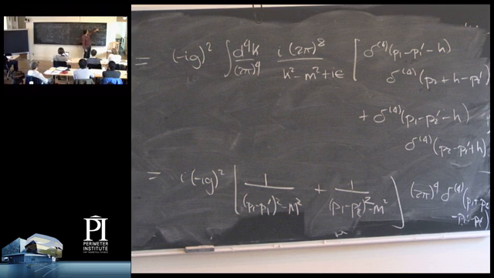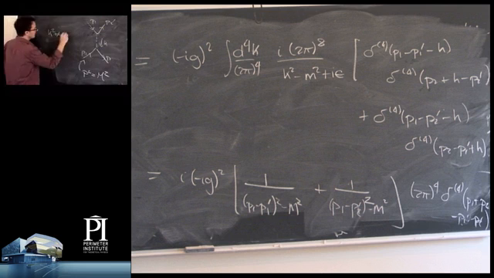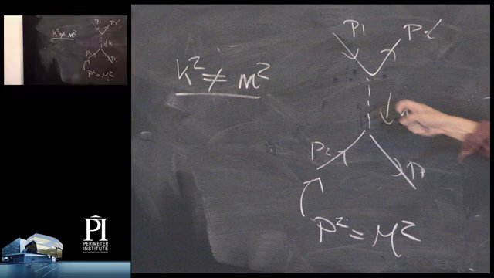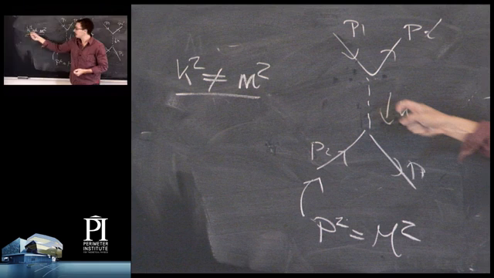So k is equal to the difference in this momentum and this momentum. Those delta functions never give k squared equals m squared. Okay? So this meson moving through here doesn't obey what you think it should obey. It doesn't obey that its four-momentum squared is equal to its physical mass squared.